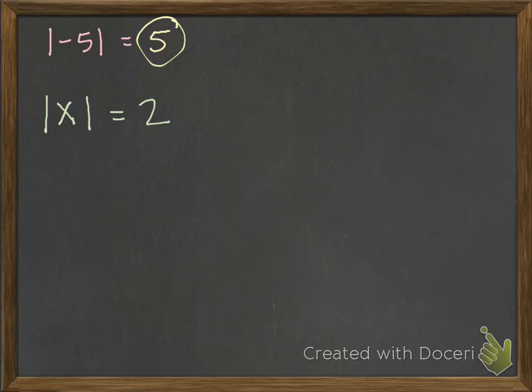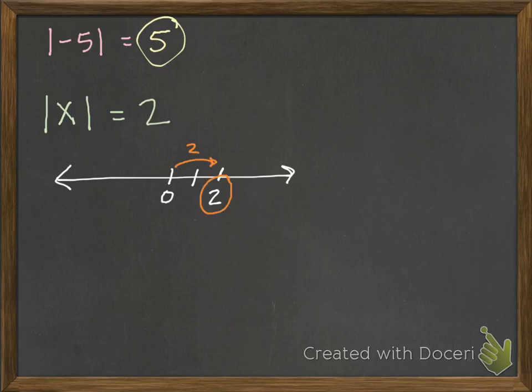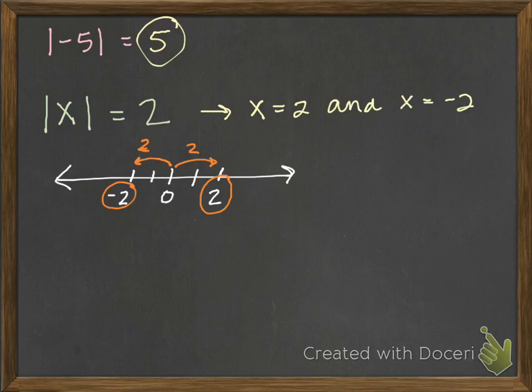If we look at a number line again, and I'm looking at 0, I can go 2 in the positive direction, so one of my answers could be 2, or I could go 2 in the negative direction, so one of my answers could be -2. So in this case, x could equal both 2 and -2.